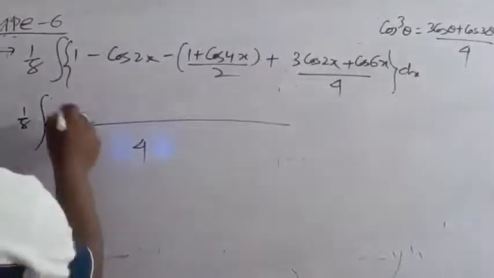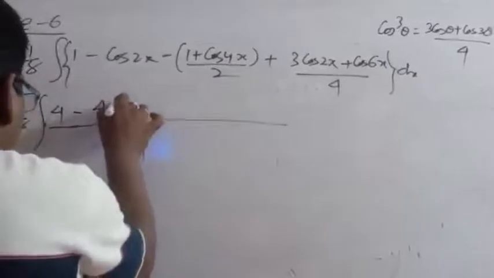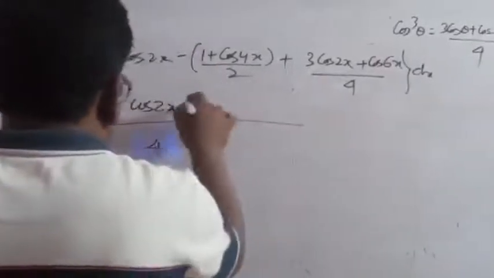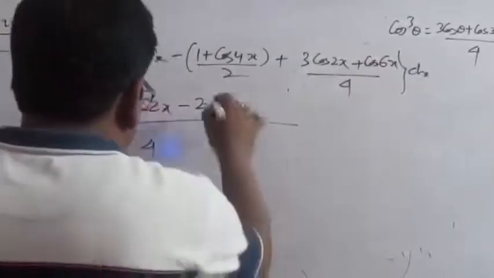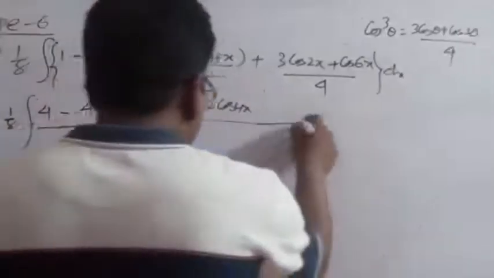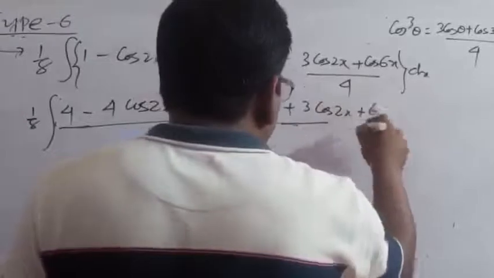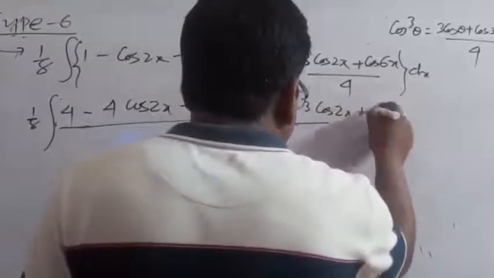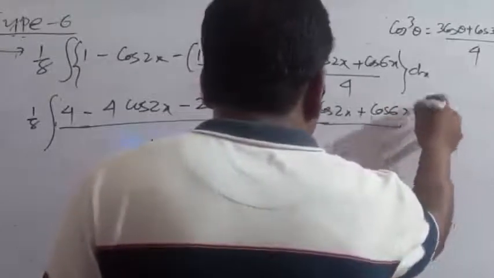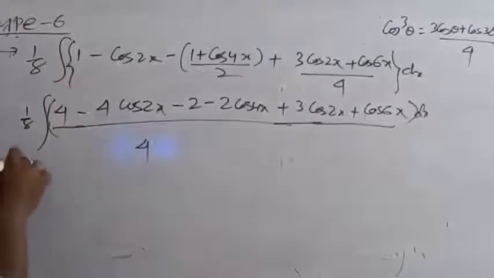So this is 4, and this is 4 cos 2x, and this is 2 minus 2 cos 4x, and this is 3 cos 2x, and cos 6x dx, in brackets. Okay, so this is 1 by 32.